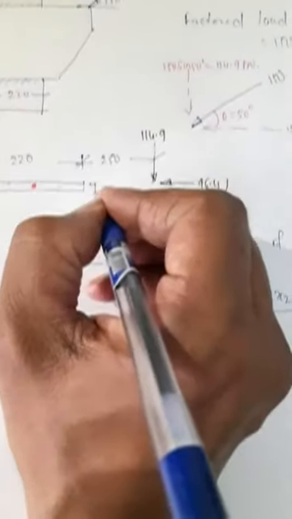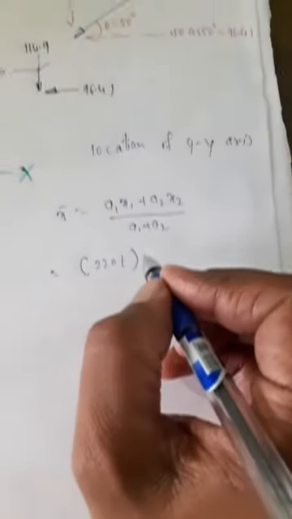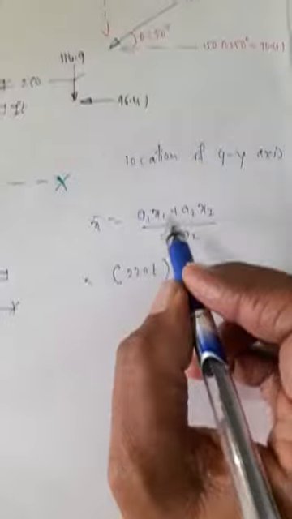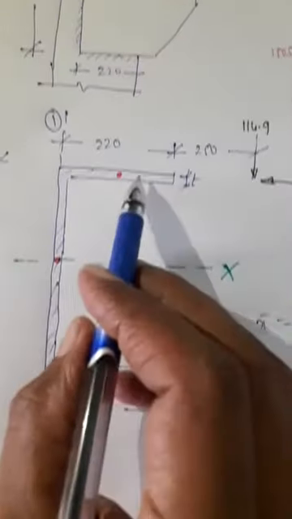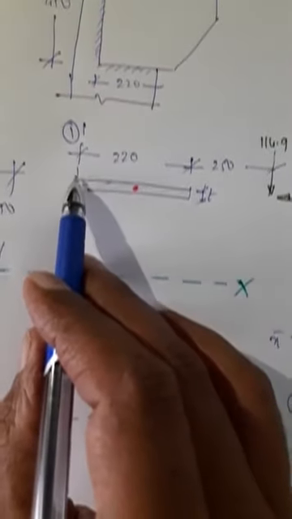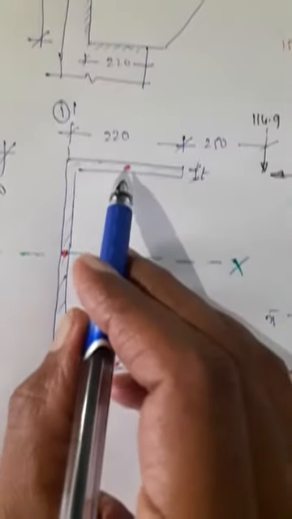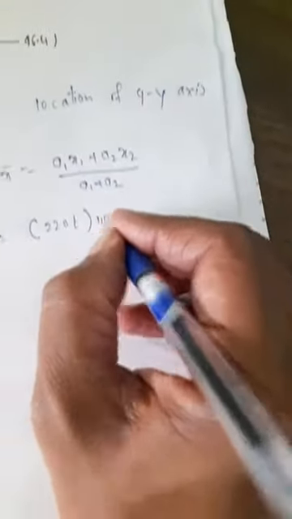This thickness is t. X is the distance of CG of element 1 from the reference plane. The whole is 220, so the distance of this point from 1 will be 110.